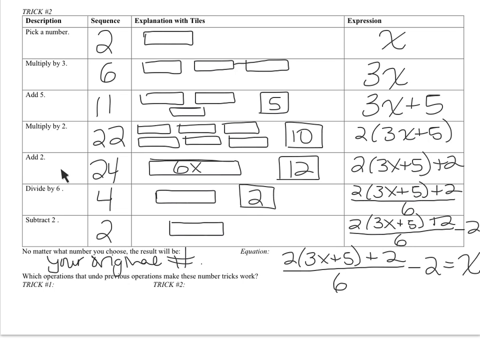It doesn't matter how many times I ask you to add or subtract numbers. What matters is the second I ask you to multiply, I have to later ask you to divide. Same if at the very beginning I asked you to divide by something, I'd later have to ask you to multiply, because dividing by 6 cancels out the fact that I asked you to multiply by 6 to begin with.